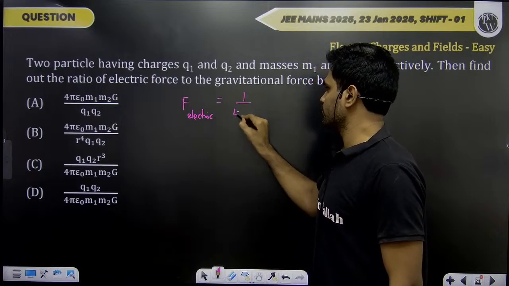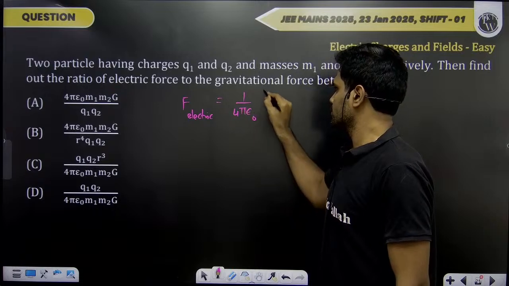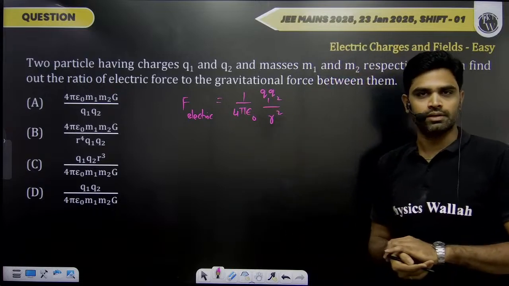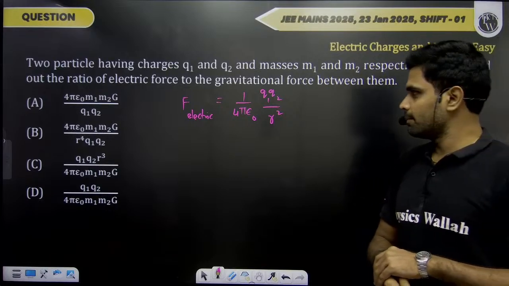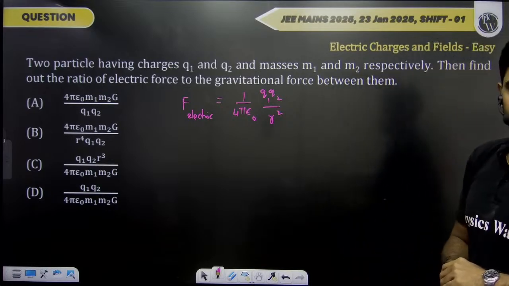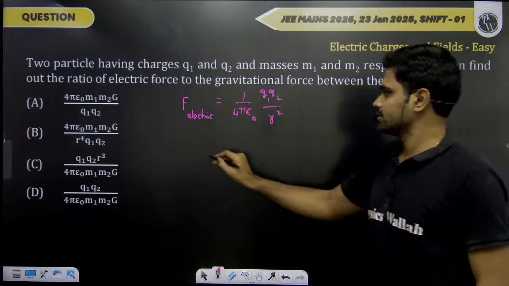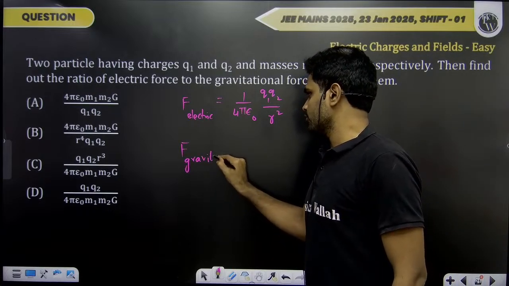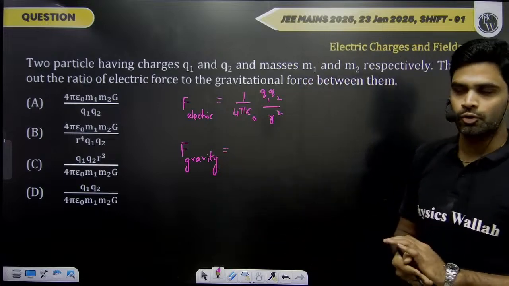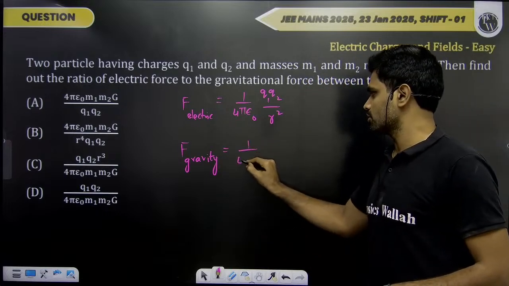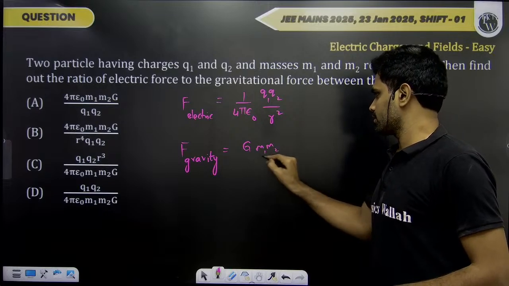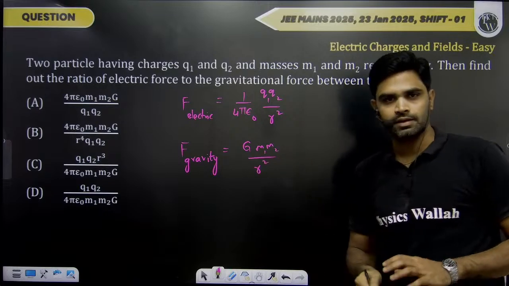It is 1 by 4 pi epsilon naught Q1 Q2 by R square, given by Coulomb's law, the electric force between 2 point charges. Gravitational force between 2 point masses is given by Newton's law, G m1 m2 by R square.